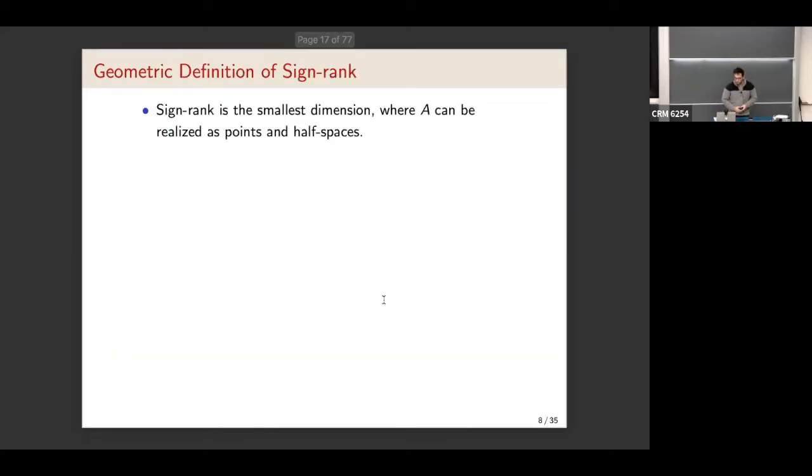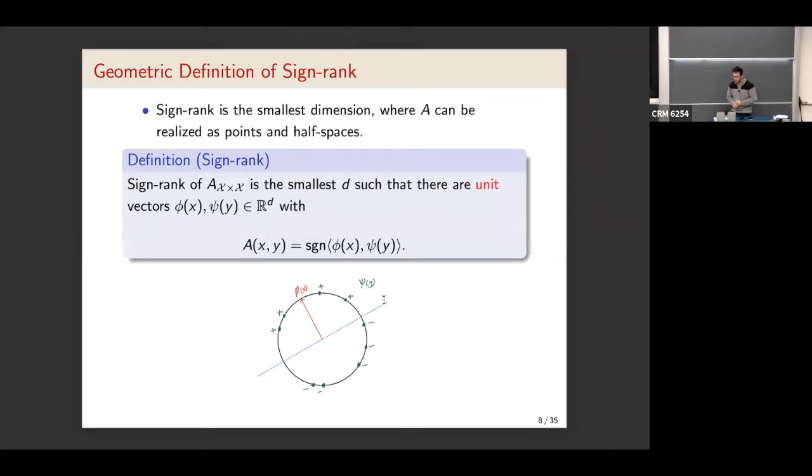Now with this, really think of this as Xiang, which is really the smallest dimension where you can represent your matrix as points and half spaces. So what do I mean by this exactly? So this is an alternative definition of Xiang, which is equivalent to the one that I had on the first slide. Xiang of a matrix is the smallest d such that you can find these vectors in Rd, and such that the entries are just signs of these inner products.